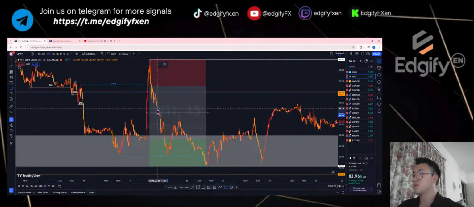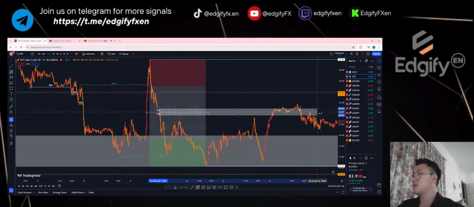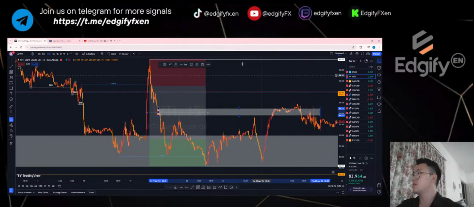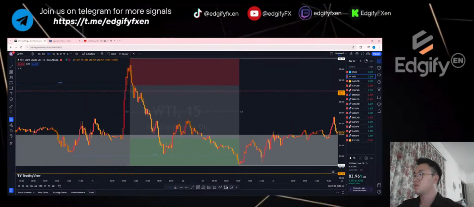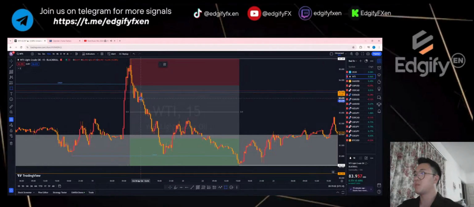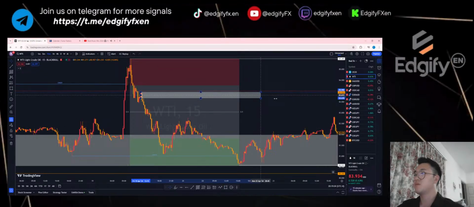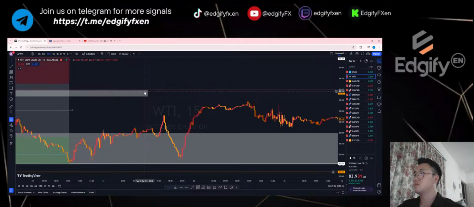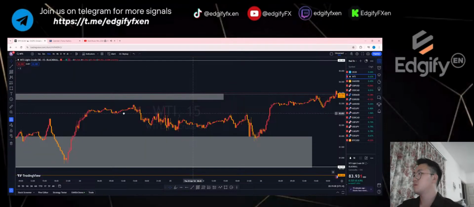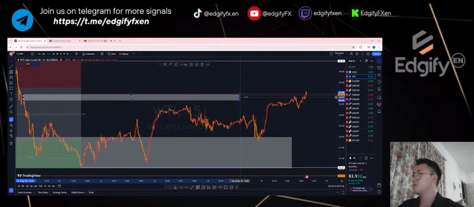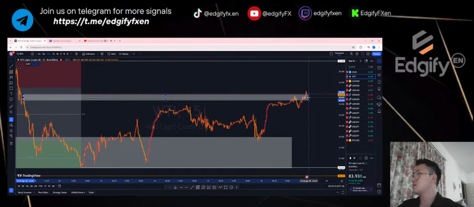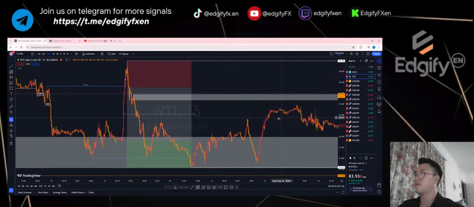anything above the 50, which would be here, the first one, which has broken above, so avoid this. We'll look for a second one, which is at about this level, mitigated ones as well. Price just tapped in here, and then at the current stage here, it broke above.